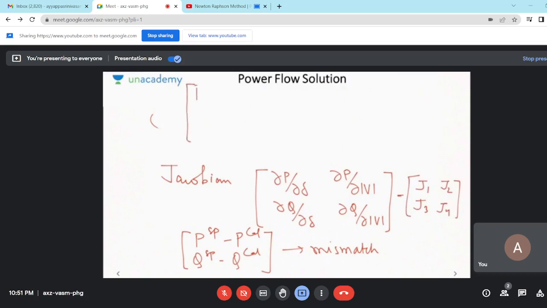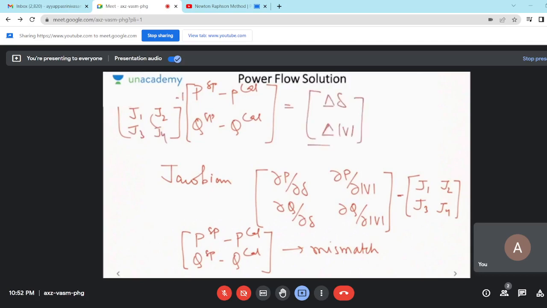So that means P supposed minus P calculated, Q supposed minus Q calculated, into J1, J2, J3, J4 inverse is equal to delta delta and delta mod V. That way we obtain what should be the change in the value of delta and mod V, and then we will update the values of delta and mod V. As we keep on updating, we will go closer and closer to the actual result.